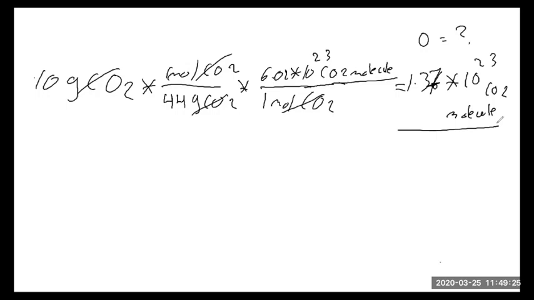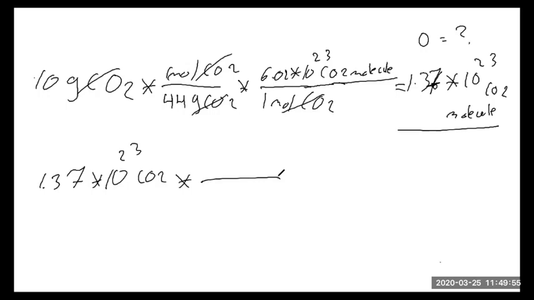So look at here. Here we have 1.37 times 10 to the power 23 CO2 molecule times what? How many oxygen atom do we have in one CO2 molecule?